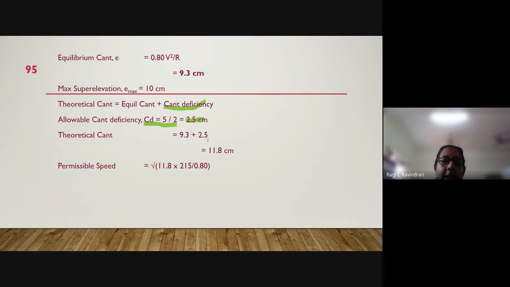Now again, you can take this equation. From this equation, you can substitute the value of E as 11.8 and R as 215 and find out the permissible speed, capital V. You'll get some value. Verify whether it is 56.3 kilometers per hour.